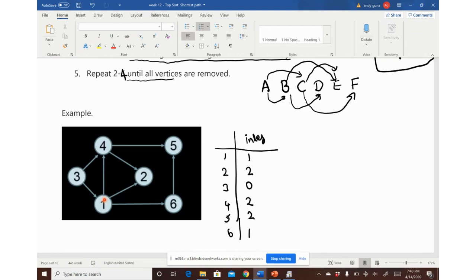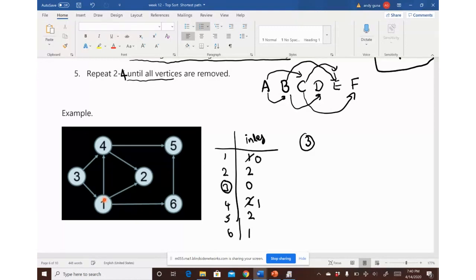We're going to start with 3. That's the one with the lowest in degree, right? So we start with 3, and then we reduce everyone connected to 3 by 1. So 4 and 1 are connected. So 4 will be reduced to 1, and 1 will be reduced to 0.